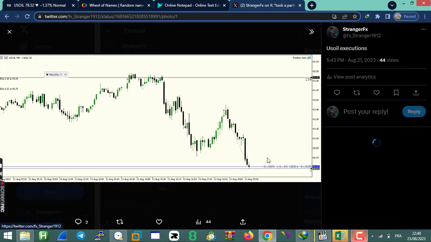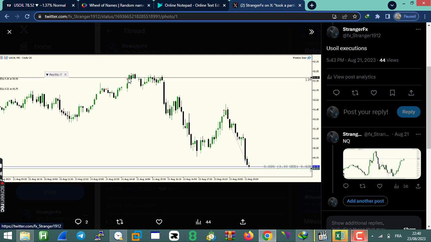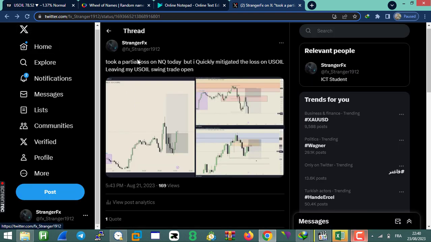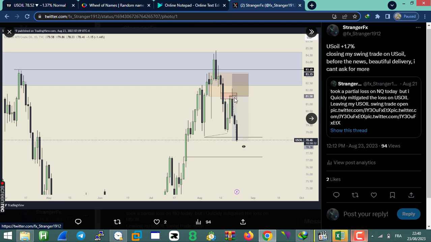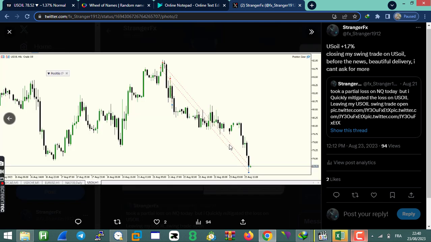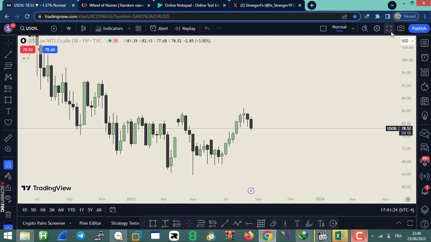And here is the executions. So I took an entry from here and another one from here. And here is the results. As you can see, price went to that fair value gap. There is the executions. Now let's start with the analysis.